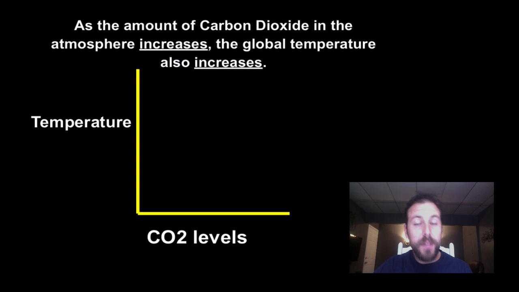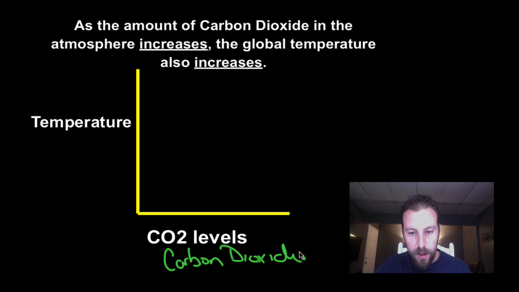Another one: as the amount of carbon dioxide in the atmosphere increases, the global temperature also increases. CO2 is another name for carbon dioxide. So as the amount of carbon dioxide in the atmosphere increases, what happens to our temperatures?